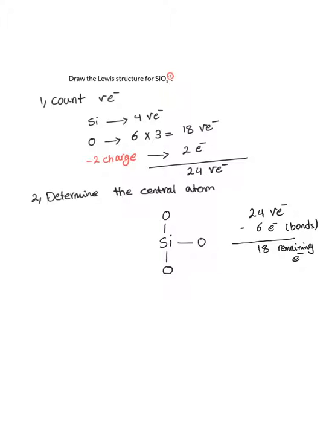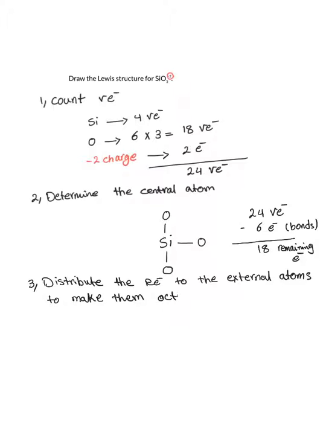The next step is distributing the remaining electrons to the external atoms to make them octet. So let's do it together.